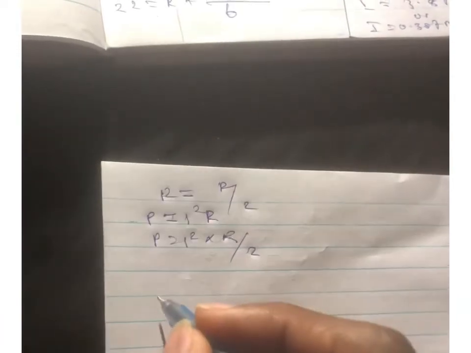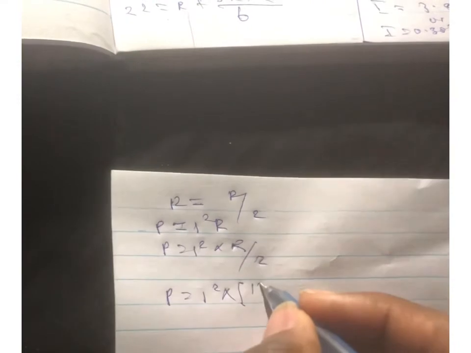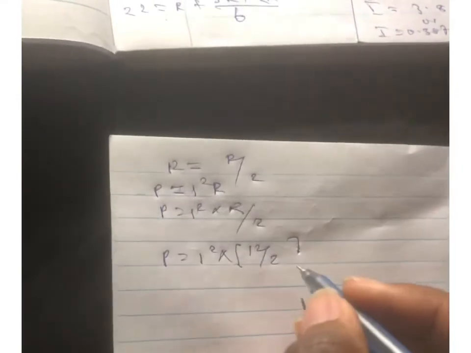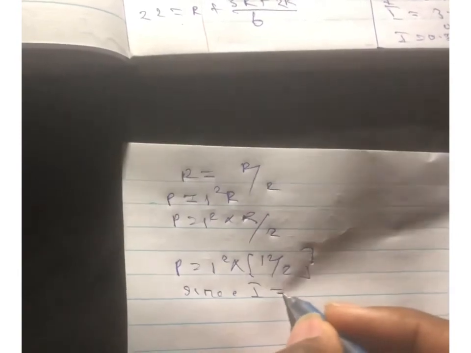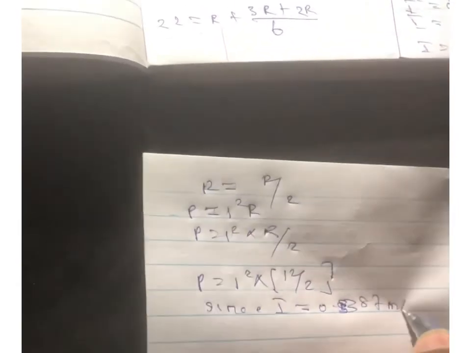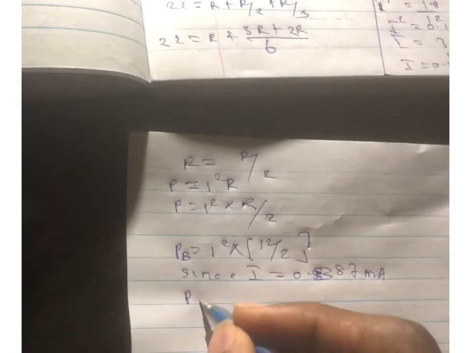So you just have to say P is equal to I squared times 12 over 2, and since I is equal to 0.387 microampere, we can substitute and get the power for B. And the power for C is the same thing, I squared times R over 3. Then you substitute the current and the resistance, and you have it.